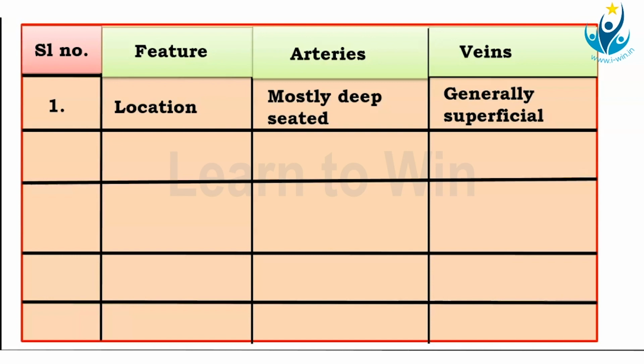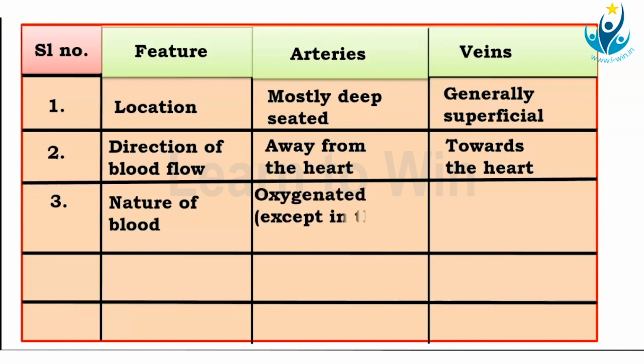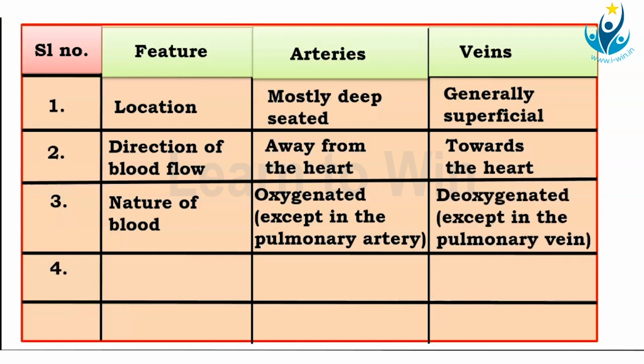You can see them beneath the skin, in fact. Second is the direction of blood flow. Arteries move blood away from the heart, whereas veins bring the blood towards the heart. Next is the nature of the blood. As we have discussed, arteries carry oxygenated blood except the pulmonary artery, whereas veins carry deoxygenated blood except the pulmonary veins.